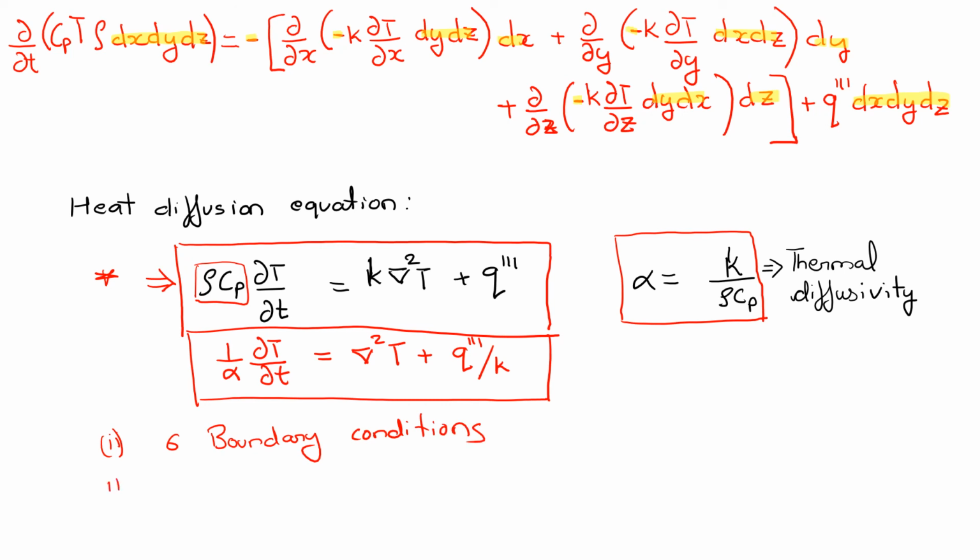And the second thing that you will need is an initial condition, so one initial condition. So for solving this problem, we will need 6 boundary conditions and one initial condition, and we'll be looking at some examples of how to use the heat diffusion equation in the upcoming videos.